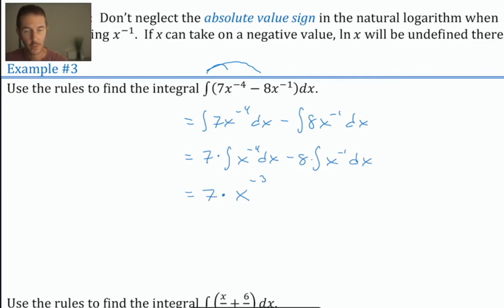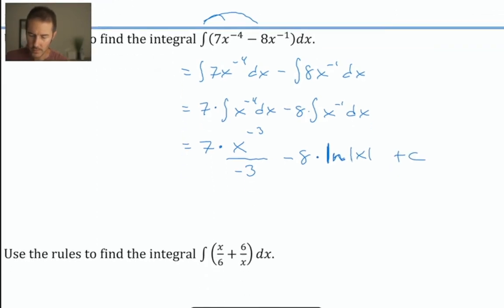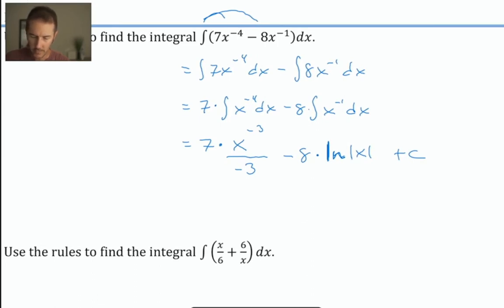Don't make that mistake, don't put it as a negative 5. And then we have to divide by the new exponent, negative 3. Great, minus 8 times the derivative of x to the negative first power is the natural log of the absolute value of x. And then don't forget your plus c. We'll clean this up just the tiniest bit and we'll have ourselves a final answer.